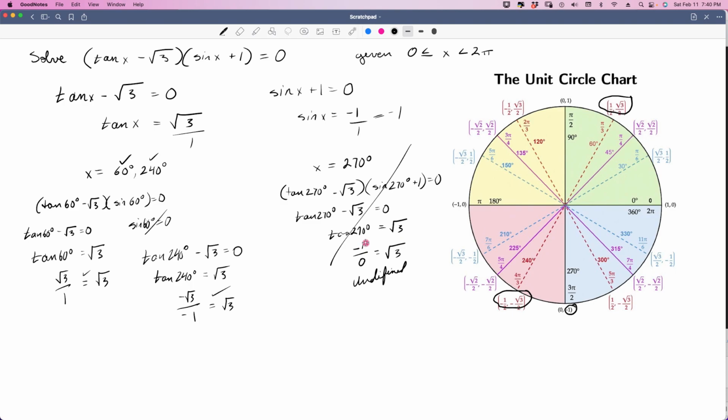But the tan of 270 is not the square root of 3. It is negative 1 over 0. So it's undefined. We cannot solve it. It is not equal to the square root of 3. So therefore, it is not a solution. So our solution set is 60 and 240 degrees.